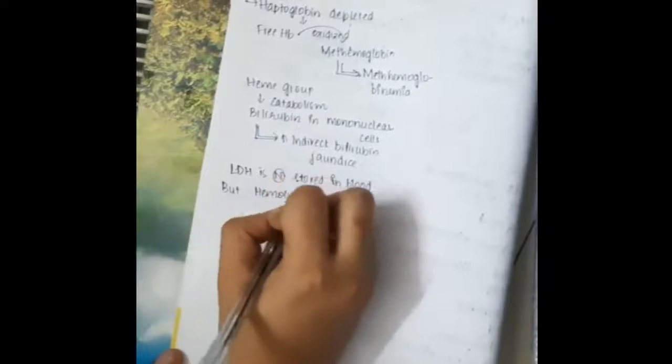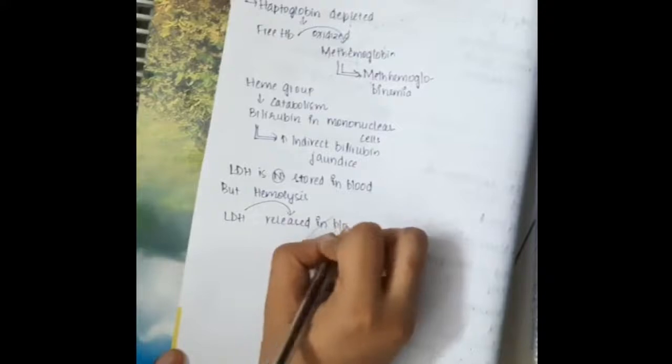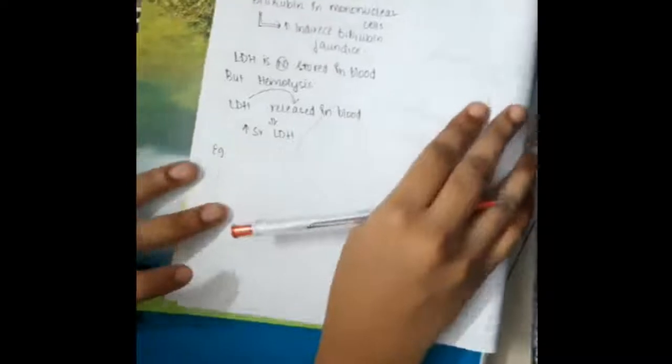Next, LDH is normally stored in the cells, but whenever there is hemolysis, this LDH is released into the blood, thus increasing the serum LDH level. So these are all the features of intravascular hemolysis.